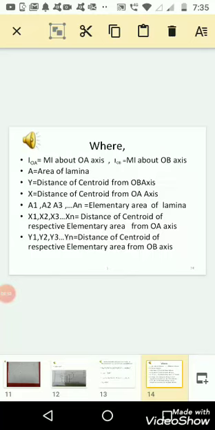We have seen in the diagram that its distance from the OA axis is x1. Similarly, y1, y2, y3 and so on is the distance of the centroid of the respective elementary area from the OB axis.